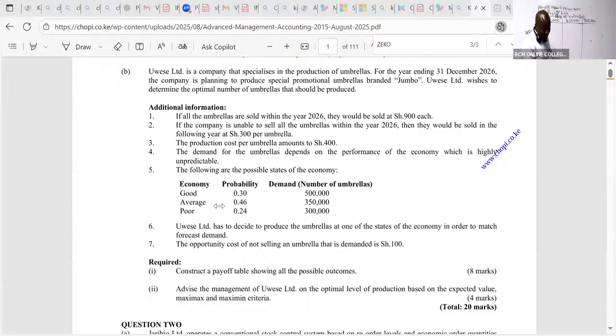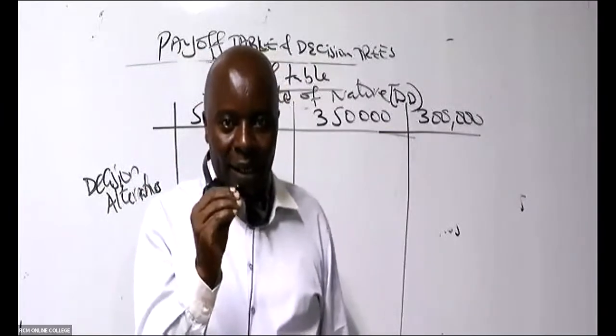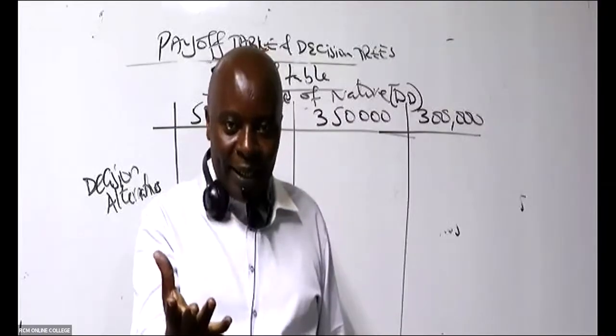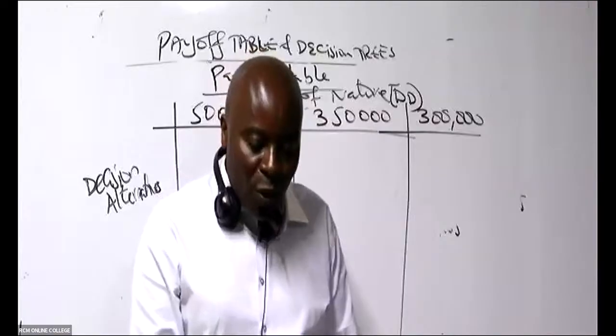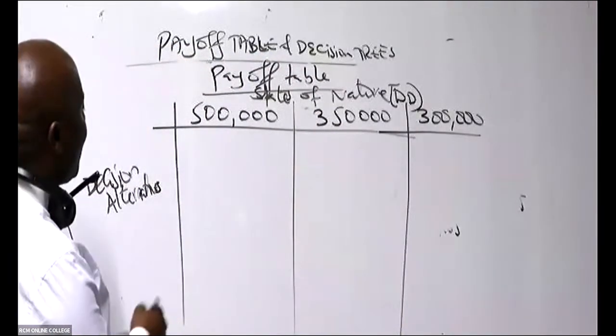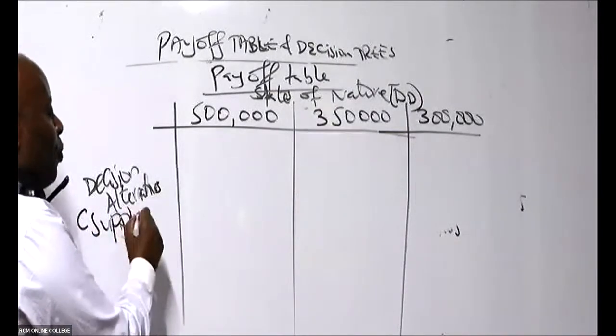Thank you so much. Now, remember the rules of demand and supply. If demand is 300, we always want to meet the demand by supplying those 300. So whenever you see a question where the states of nature are demand, always ensure that here you have your supply, and you must match.